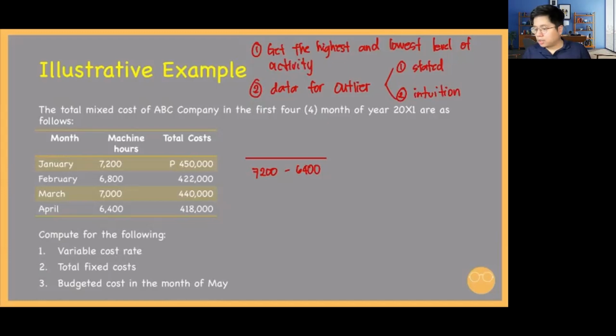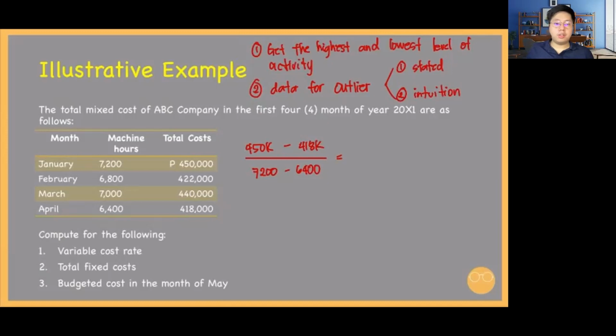So the total cost for the 7,200 here is 450,000, less the total cost for the 6,400 machine hours, and that is 418,000. Again, if you are working out with the high-low method, please don't look for the total cost, but look for the machine hours, then get the total cost of that high and low machine hours.